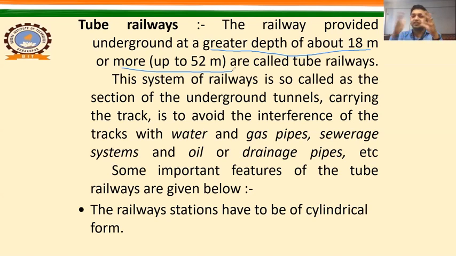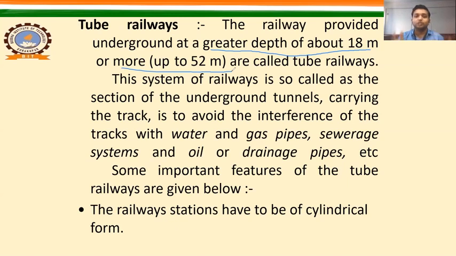And why is this arrangement known as tube rail? Because the section of the underground tunnel carrying the track is to avoid the interference of the tracks with water, gas pipes, sewerage system, and oil and drainage pipes.